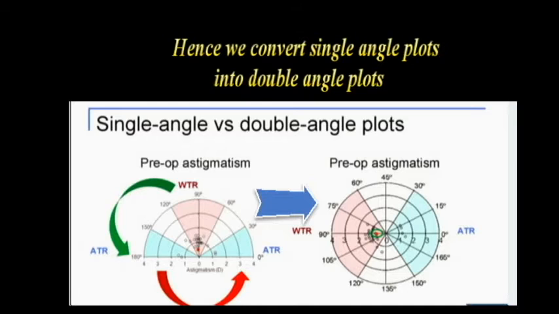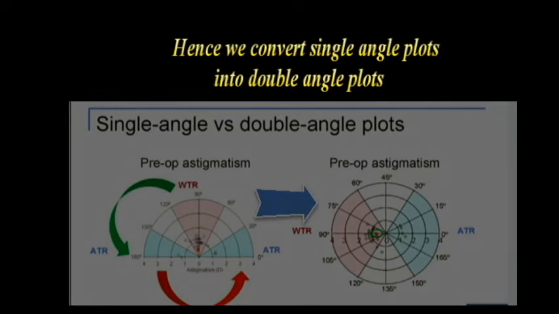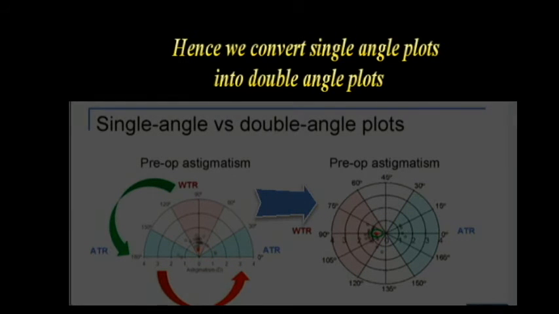So instead of 180 degrees in a single angle plot becoming a semicircle, in a double angle plot that 180 degrees becomes a full circle. In other words, every 1-degree meridian is doubled to a 2-degree meridian. So if you have, say, 30 degrees, we would regard it as 60 degrees.